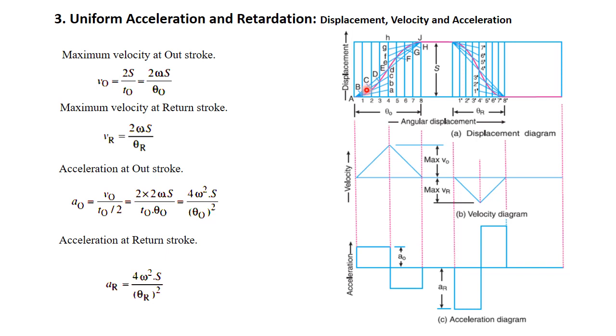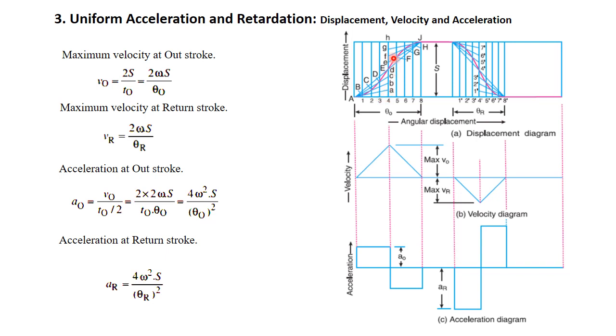So if we see the displacement diagram, when the point moves from A to 1, the change in displacement is very small. But when it moves to 2, the displacement is larger. When it moves to the third position, the displacement is again larger, and when it reaches the middle of the outstroke, the displacement is highest during 3 and 4.